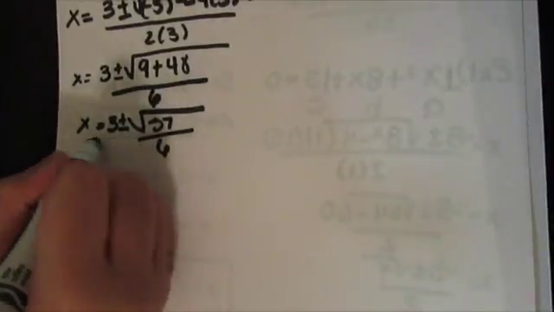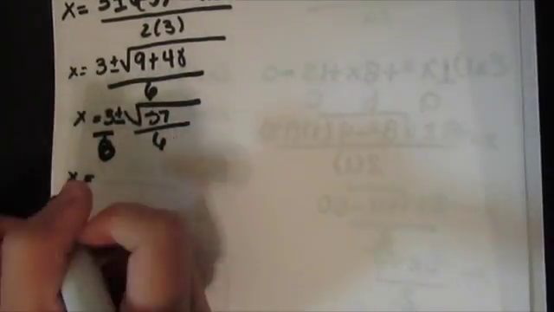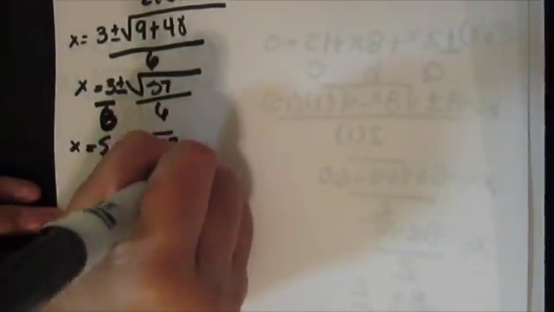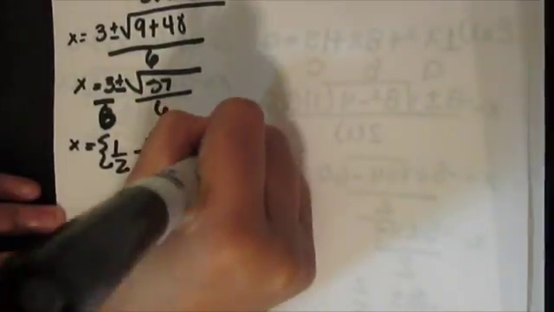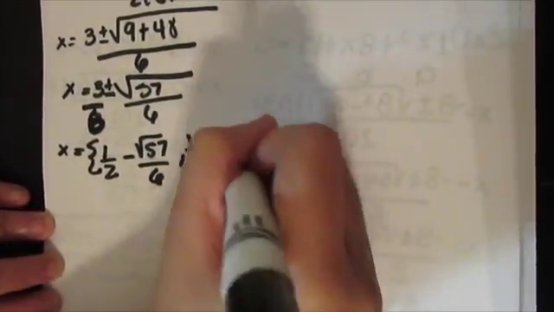And the 6 goes for both. So then we have x is equal to the set of 1.5 minus the square root of 57 over 6 and 1.5 plus the square root of 57 over 6.